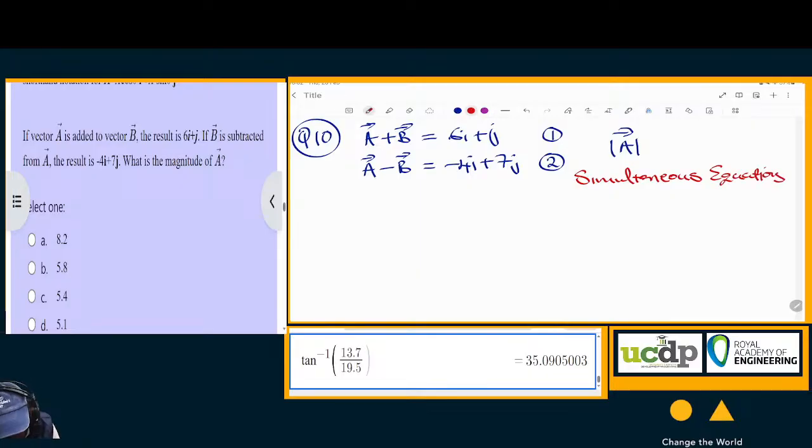So if you say equation 1 plus equation 2 to eliminate B, the sum of those two, vector A plus vector B plus, equals, oh, there's a negative sign. This is a negative sign.